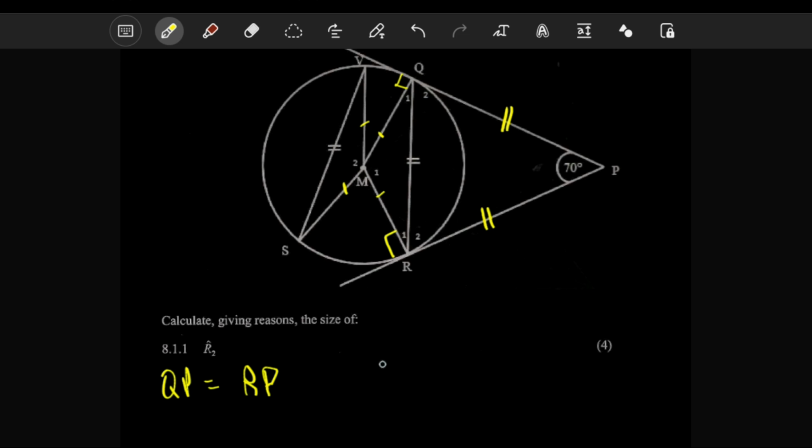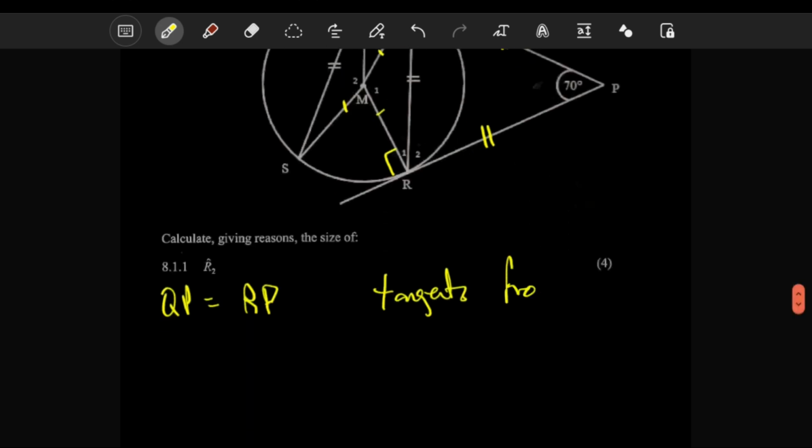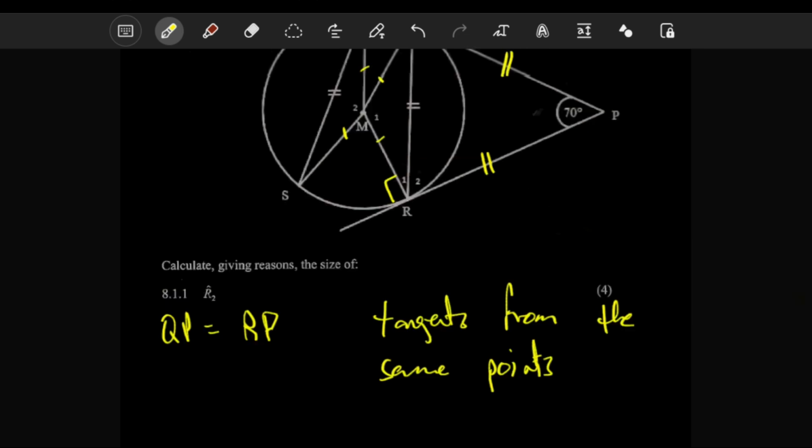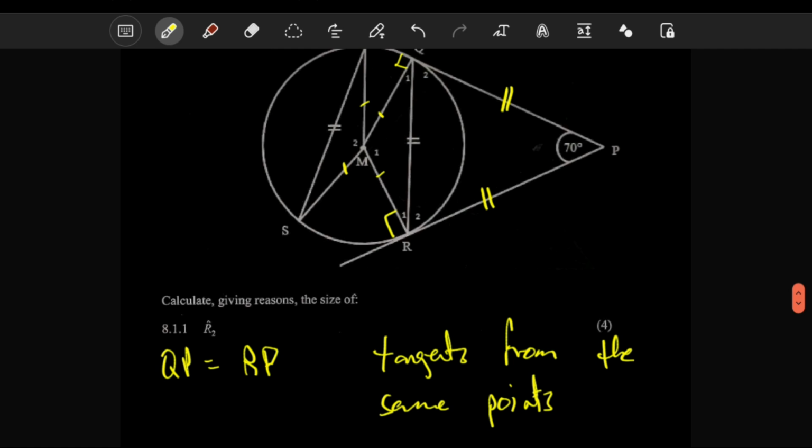The reason is tangents from the same point. You don't have to write the whole thing; you can just write tangents from the same point, because they are equal to each other.